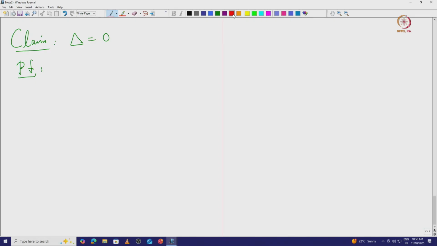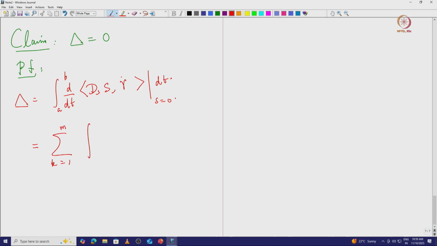So by definition, what was delta? It was basically d by dt of ds of S times T, okay, times in fact gamma dot, and you plug in s equals 0, right. You are integrating over the time interval. So by the fundamental theorem of calculus, this is basically going to be the summation from k going from 1 to m, right. So maybe let me write an additional step, because my variation may in general be non-smooth.